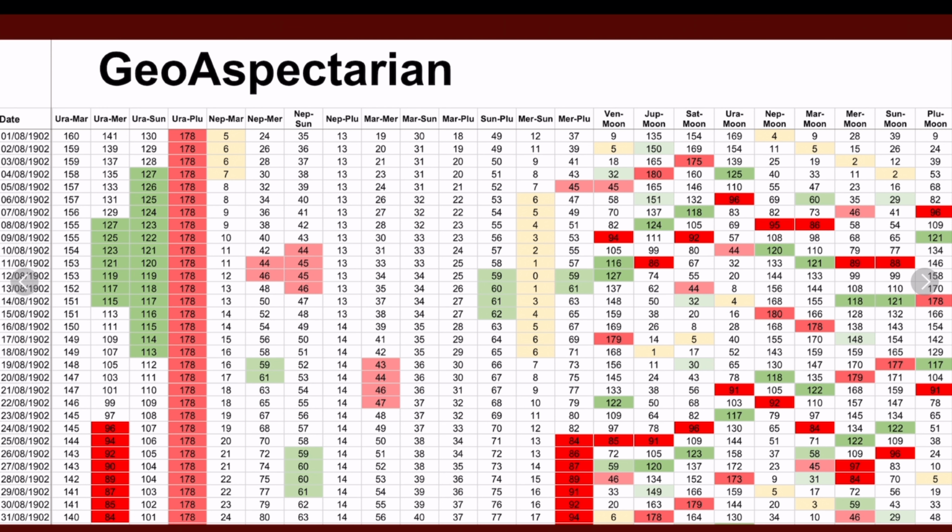And as the moon is fast moving you can see the colours and important aspects changing every few days.